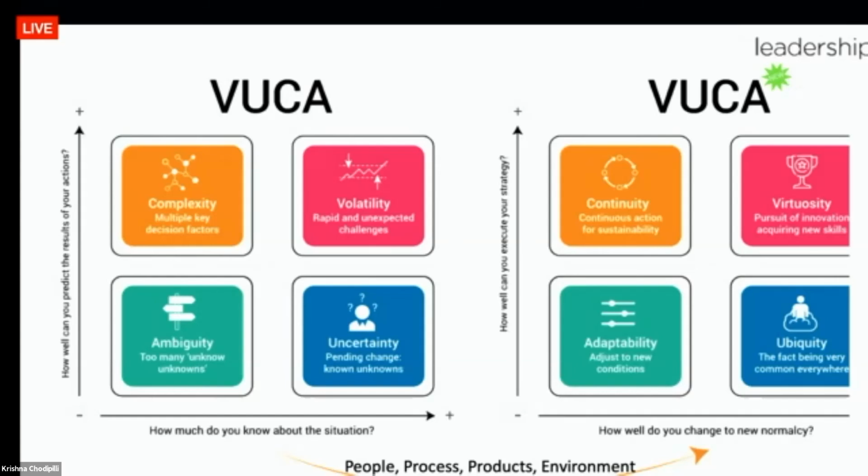As we are moving to a new normalcy, how well can one change to the new reality? At the same time, how can you execute your strategy in the new reality where you are working with people, process, products, and environments? So this is the reality we live in.